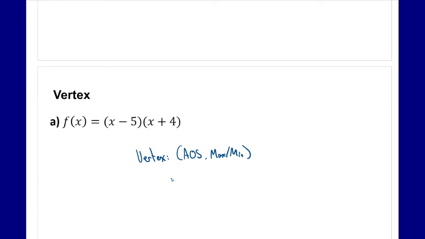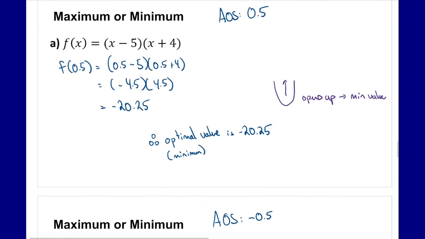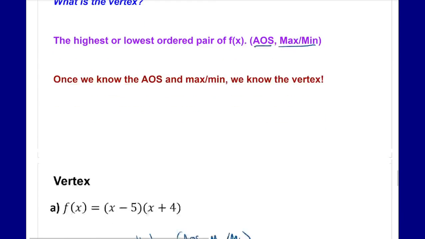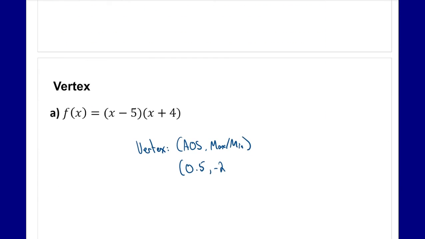Again, if the vertex is a point and the coordinates are the axis of symmetry and the max or min, in our case here, the axis of symmetry for the first one was, I believe, 0.5, and our max or minimum value, if we scroll back, was negative 20.25. So put those two pieces together for a coordinate, that's our vertex.